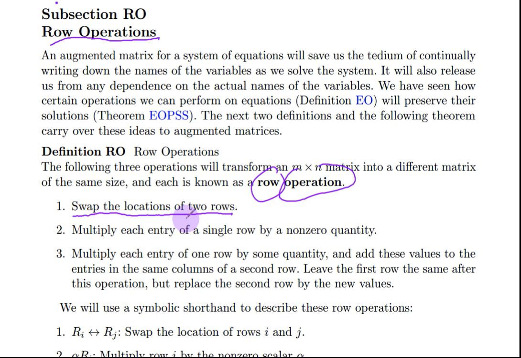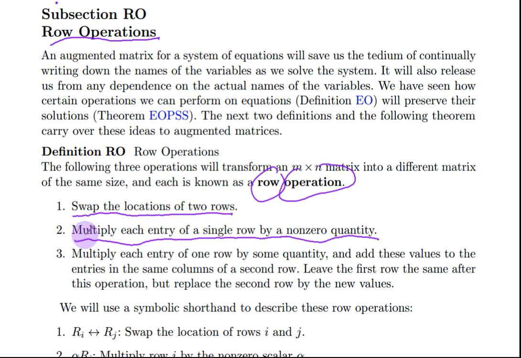We said that we could multiply any equation by a constant. That is, you'd multiply every coefficient in the equation by the same constant, and that would not change the solution of the equation. So our second row operation corresponds to that. It says if we multiply every entry of a single row by the same quantity, that's our second row operation.